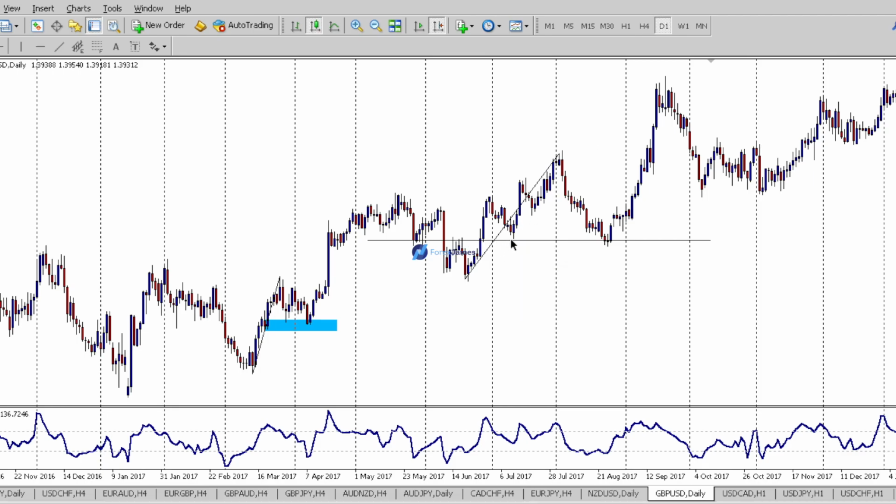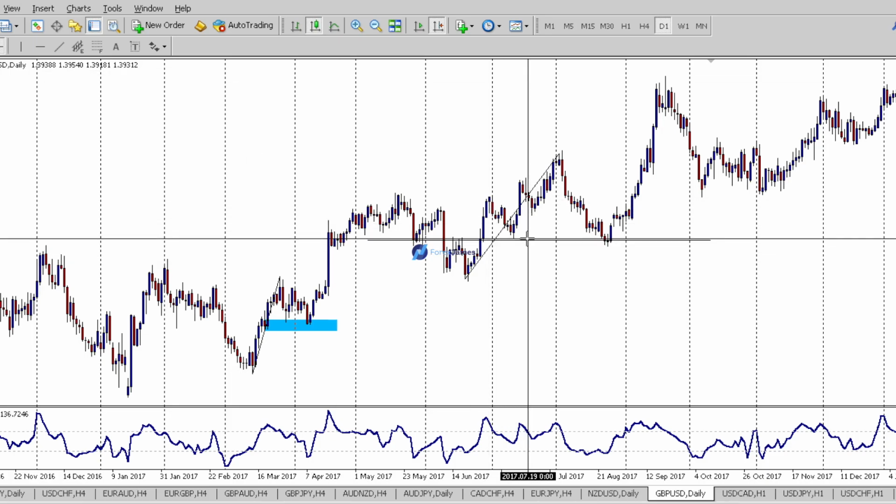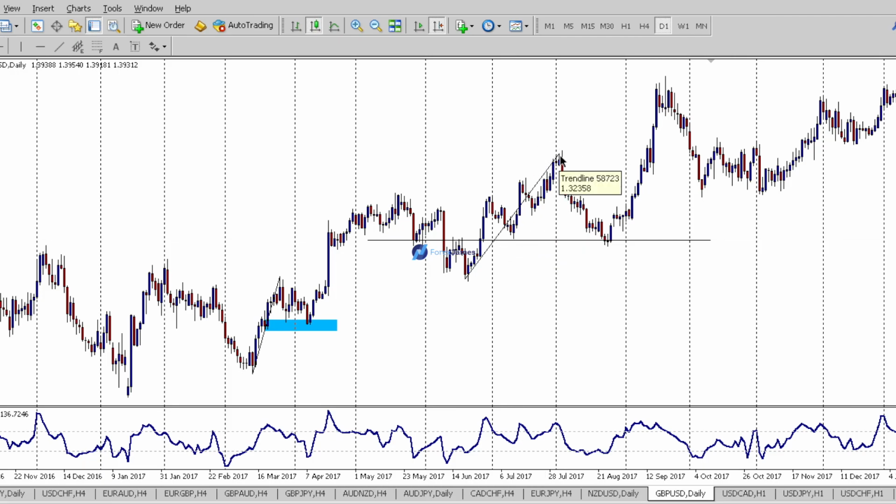So when price comes back to where you were stopped out before, you want to jump in. That's the psychology behind why resistance can turn into support.